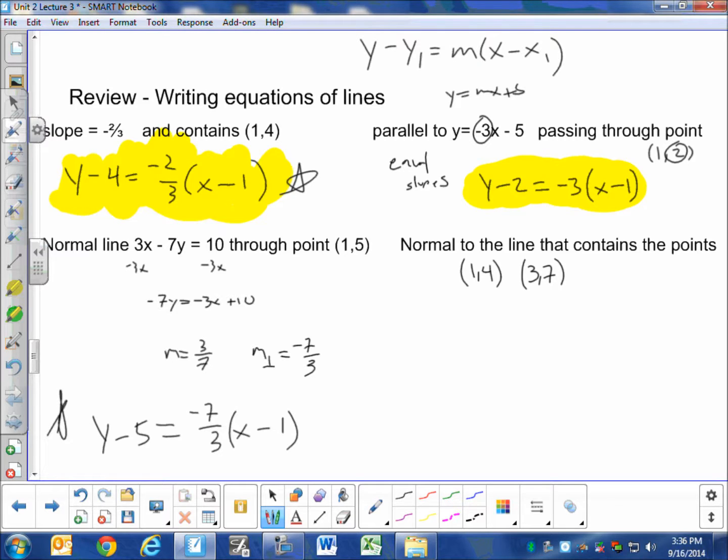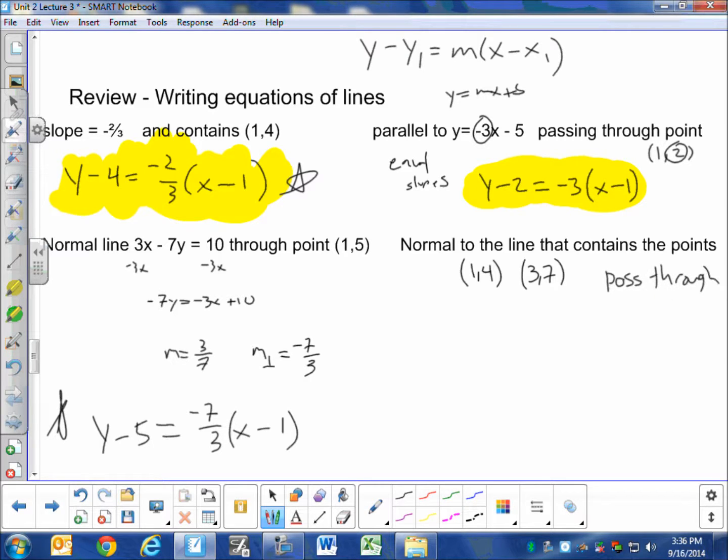And if we have a situation where we have 2 points and we want a normal line that contains these 2 points, it's got to be normal to, we want an equation normal to the line that contains these 2 points, but it's going to have to pass through another point.